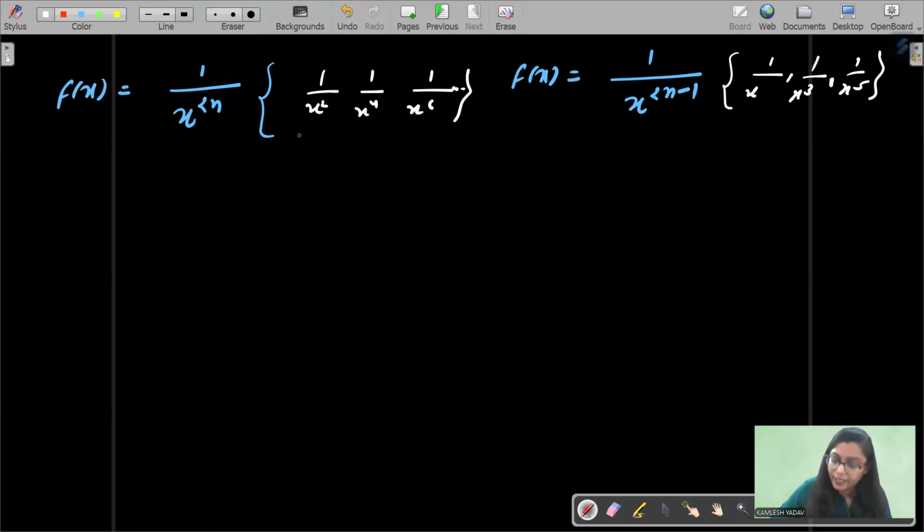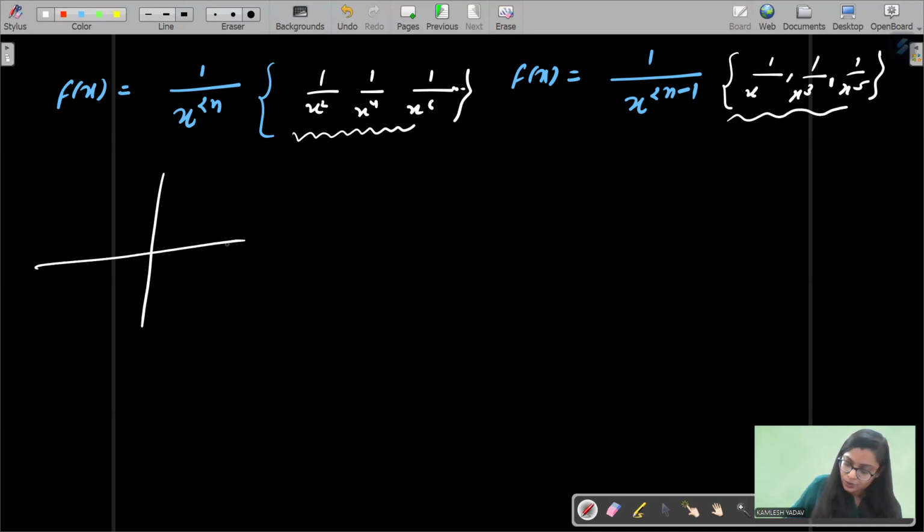Then the graphs of all these functions can be drawn. 1 upon x square, we already know its form. Then what about x to the power 4 and x to the power 6? They can be drawn like that.